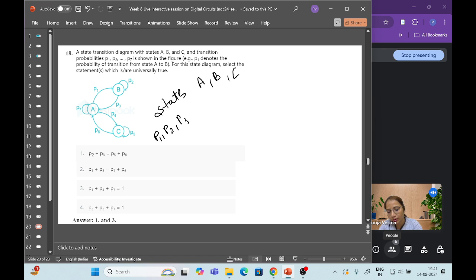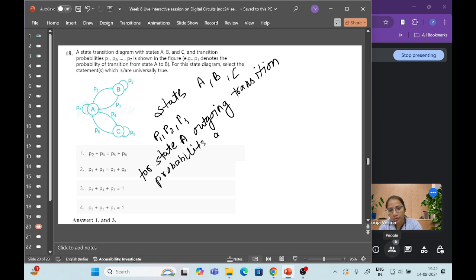For a state, the overall outgoing transition probabilities are equal to 1. That holds for all the states.